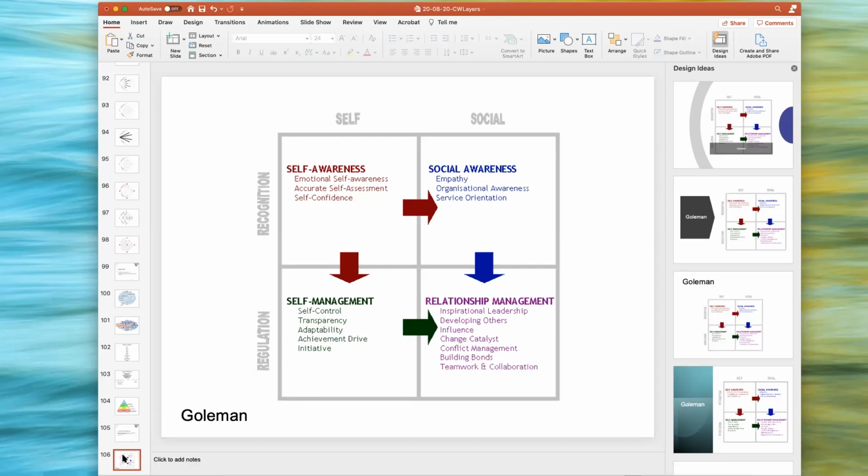Basically, on the left side of things, it's recognition versus regulation, and up top, self versus social. So I think it's interesting when you ask, does self-recognition overlay on a particular quadrant? Does social recognition overlay? Does self-management, does relationship management, where might these things overlay?